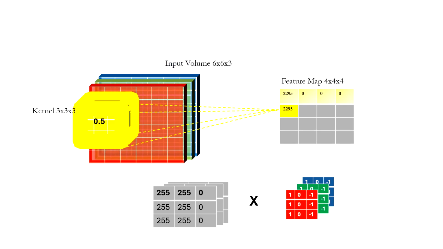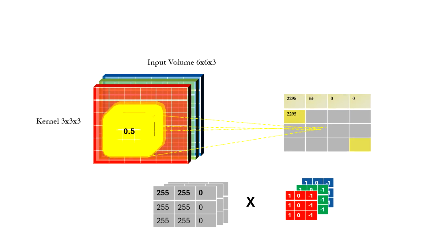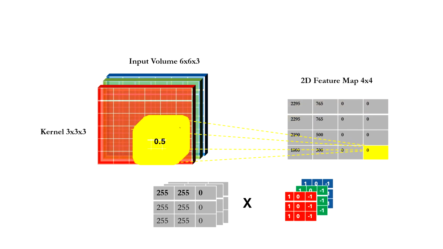We do the same thing for the following row. And finally, we should have built a 4x4 feature map with the following numbers. So 16 convolutions have happened, and that's equal to 1 forward pass.